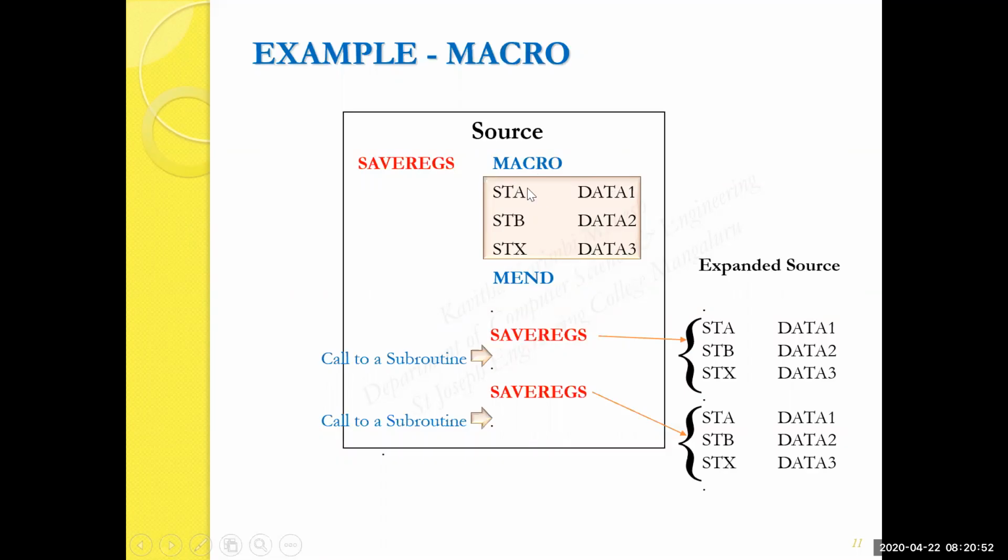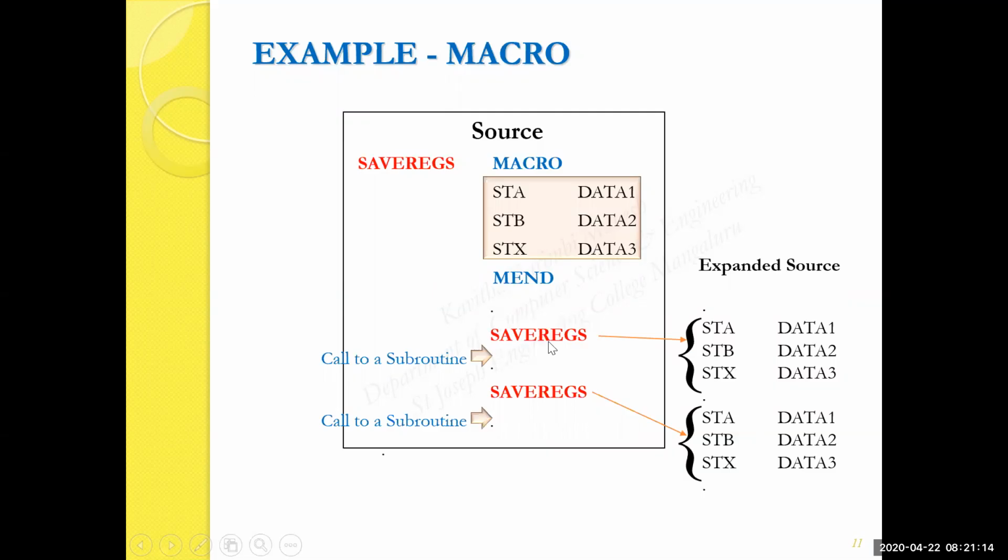Once we define the macro, we may generate the set of statements that form the body of the macro by simply calling the macro with its name. You may see after MEND, we have a set of instructions in the source program, and thereafter there is a reference to the name of the macro, that is SAVEREGS. This is referred to as a macro instruction.